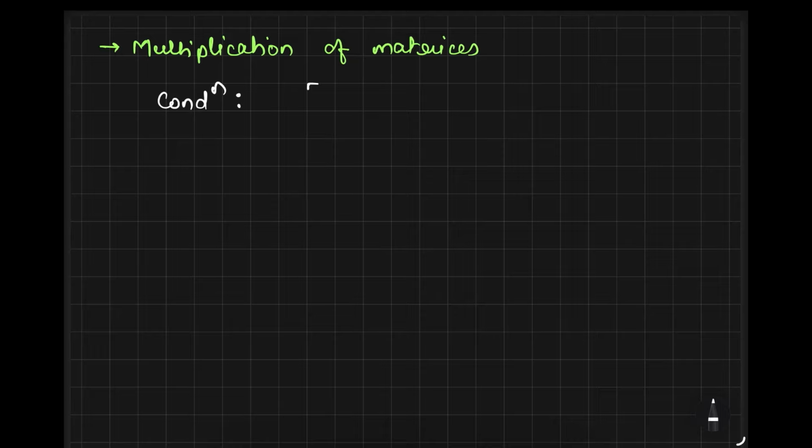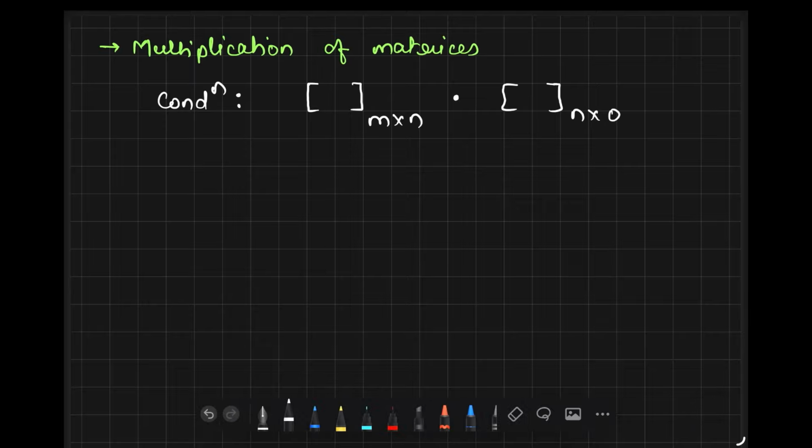Suppose that we have a matrix whose order is m cross n, and we will multiply this matrix with some other matrix of order n cross o. Just go slowly and observe this carefully.